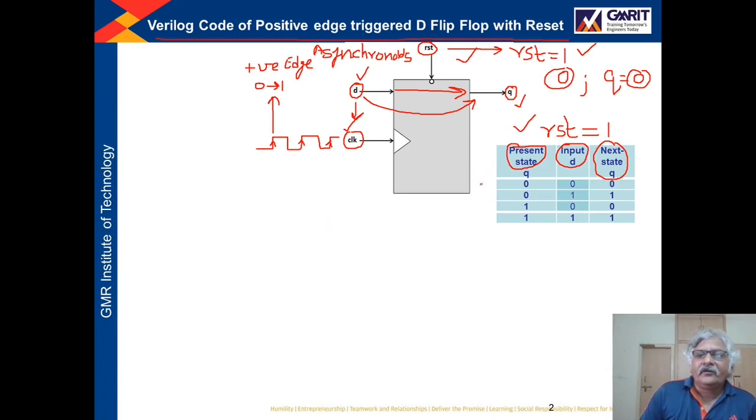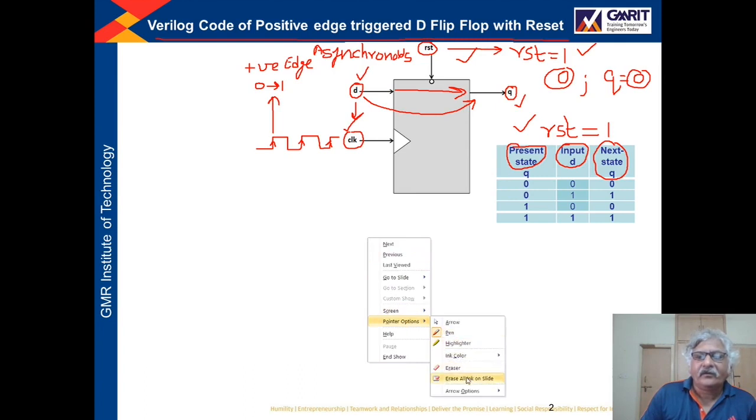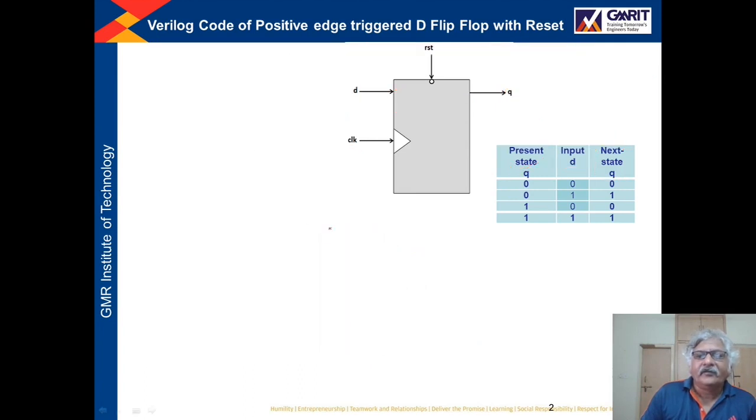So here, if the present state is 0, I will erase this content, right. So suppose this is the clock, or I will draw the clock here.